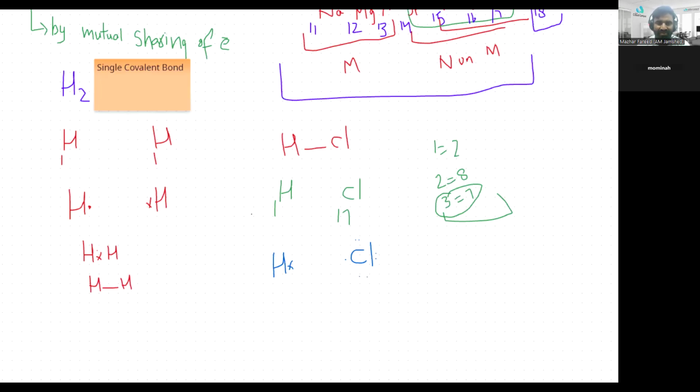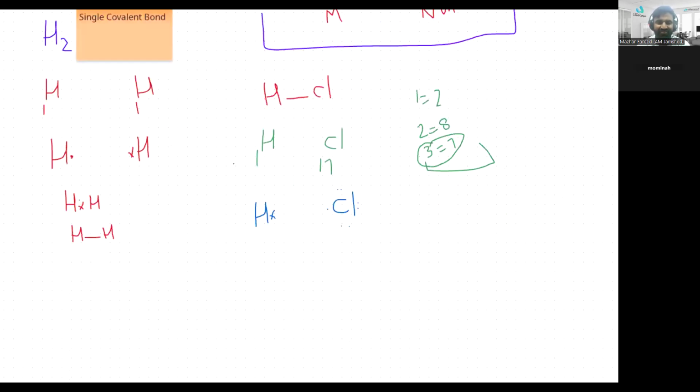So if we see the hydrogen electron, this mutual sharing with the chlorine, you must write the electrons of chlorine in the form of dots. There are 7 electrons in the valence shell, and 1 electron is needed to become stable.